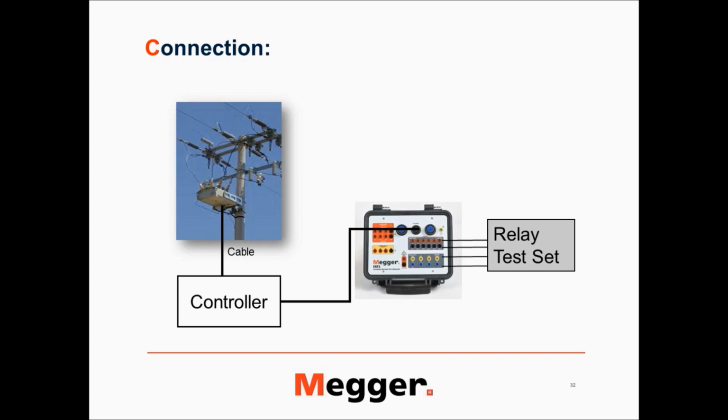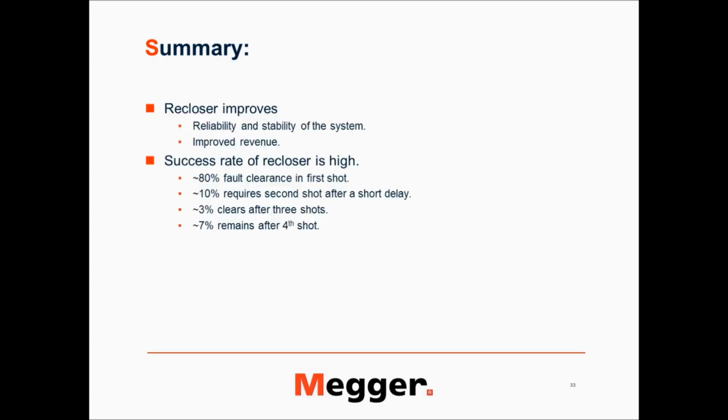We call that Advanced Visual Testing Software, AVTS. You can use that software on your laptop to control the relay test set, and it automatically tests all the functions of the controller using the relay test set and this ERTS box or ERTS unit. So that is the solution that we provide.